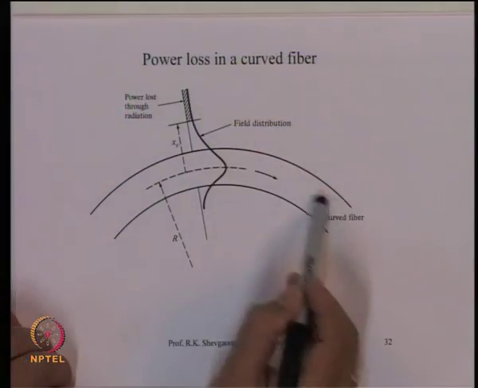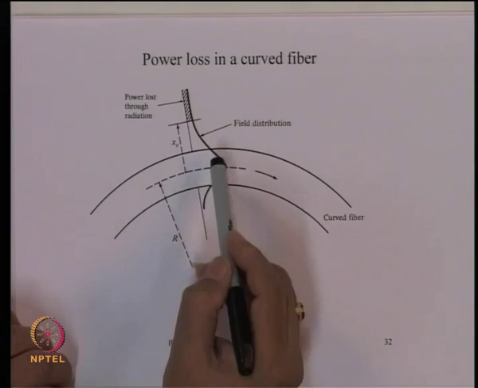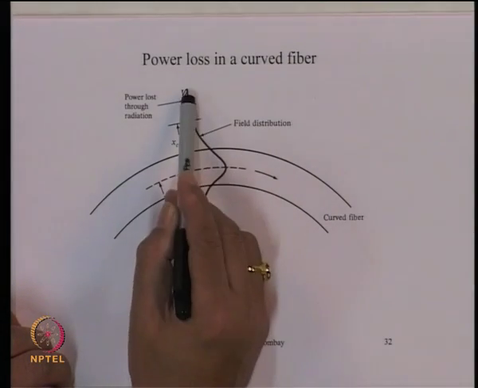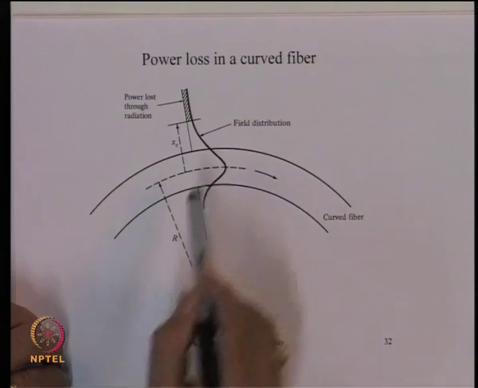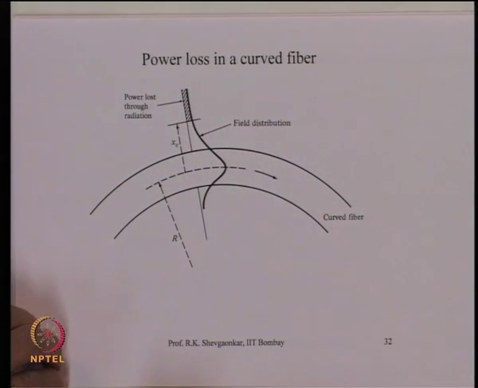And we know from our modal analysis that as you go to higher and higher order modes, more and more field is inside the cladding. So, for a given bend, higher order modes will suffer more radiation loss, because their field is going to be more spread inside the cladding, and lower order modes will be least affected.